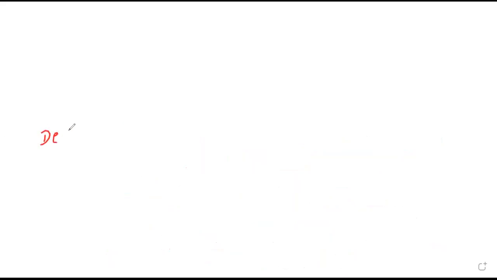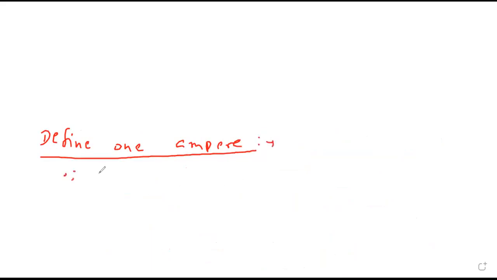Do you know what 1 ampere is defined as? Since I is Q by T, 1 ampere is 1 coulomb upon 1 second.